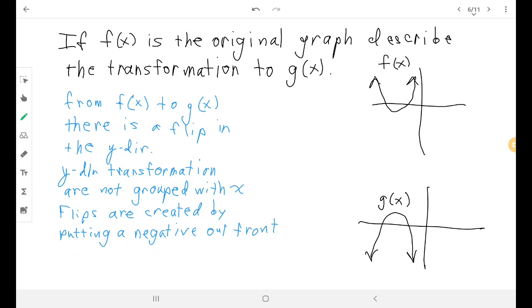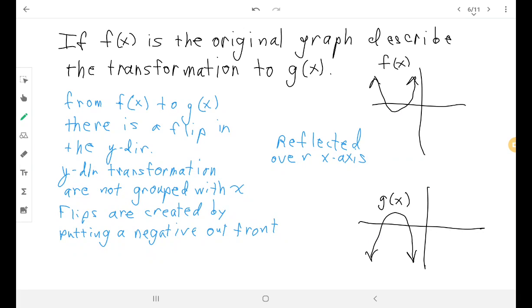So we've flipped. One of the ways of describing that, the way that Edgenuity wants you to describe it in this one, is that they don't want you to use the word flip. They want you to use the transformation term, which is reflected over the x-axis.